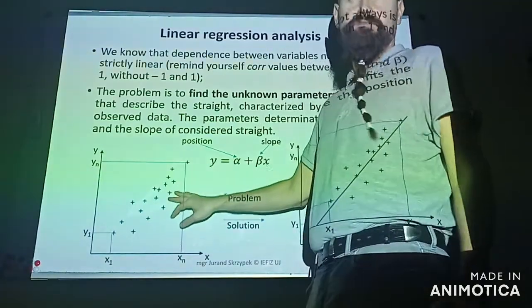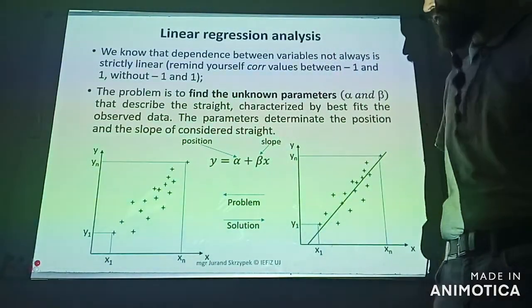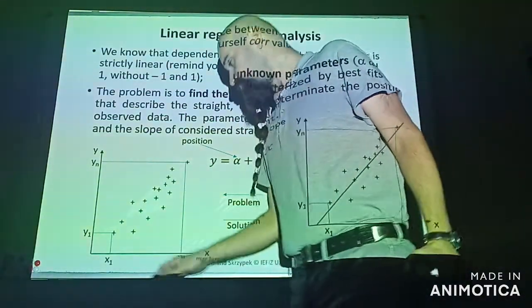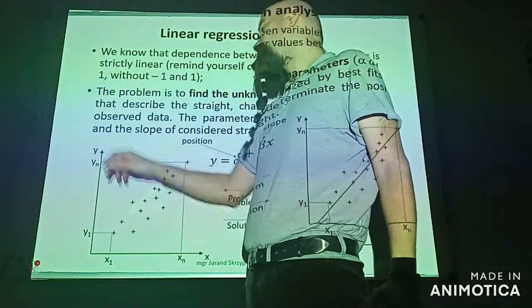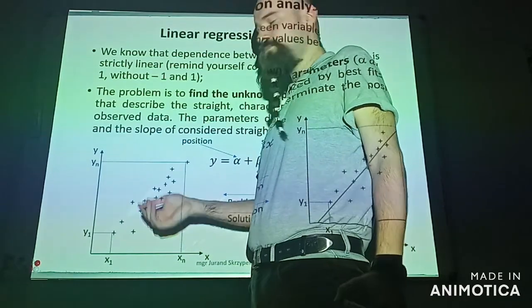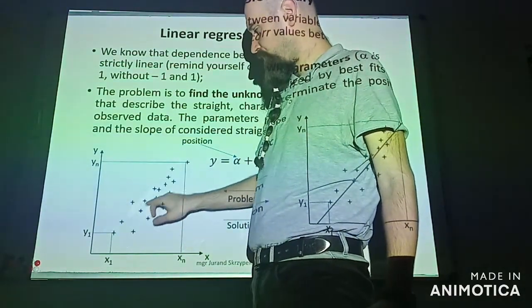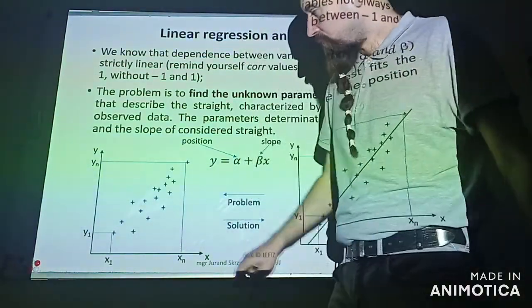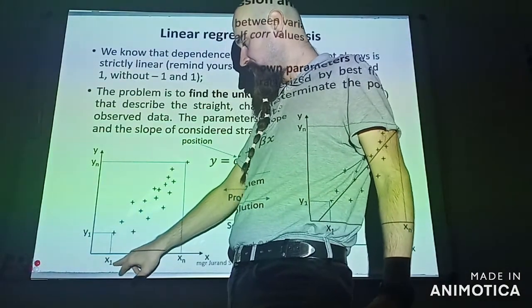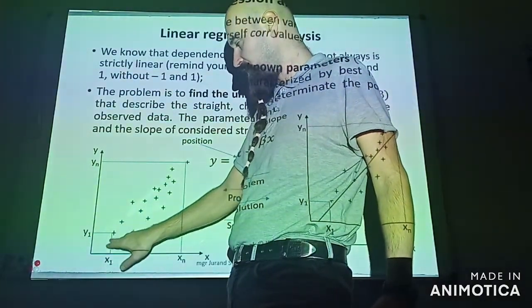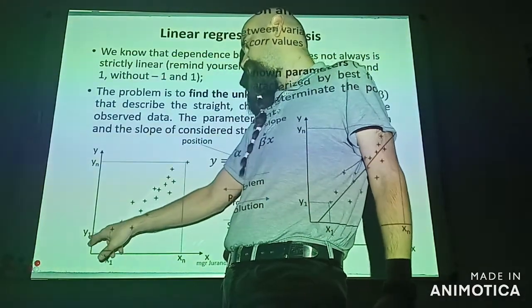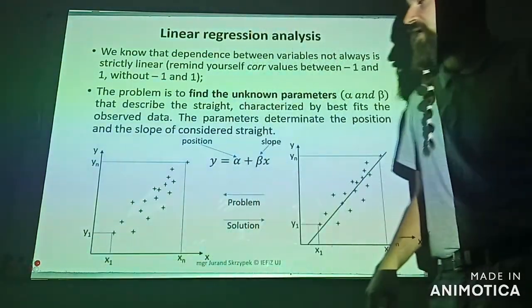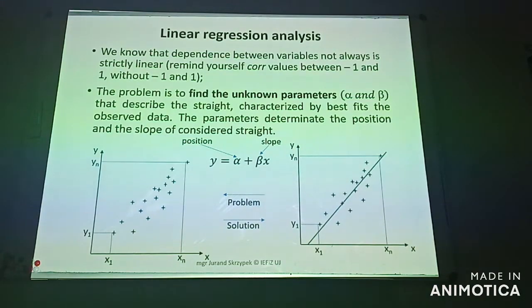Here we have a simple graph which shows us empirical values of x and at the same time empirical, really observed values of y. For example, here the first object is characterized by x1 value, and the same object is described by y1 value.